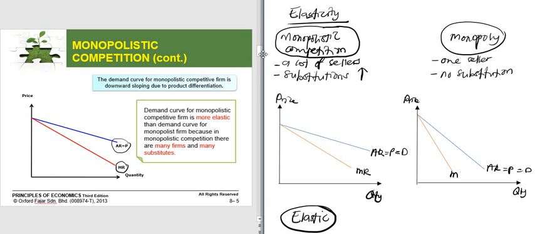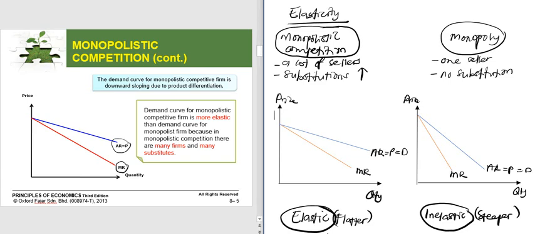This one is marginal revenue. So an elastic demand will be a bit flatter, a flatter curve, and an inelastic demand will have a steeper curve. Alright, so that is the difference between monopolistic competition and monopoly market.